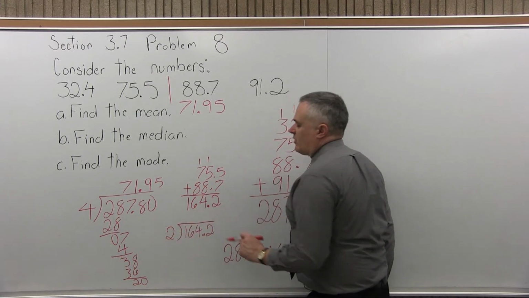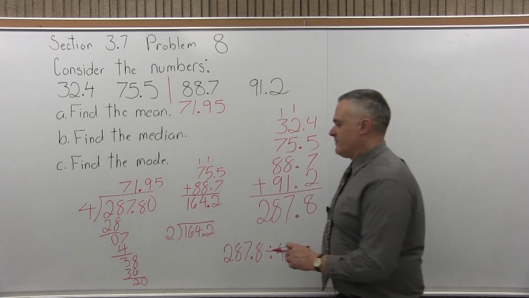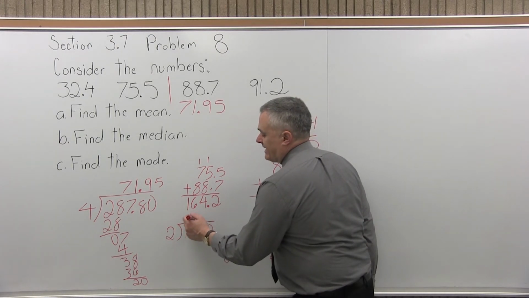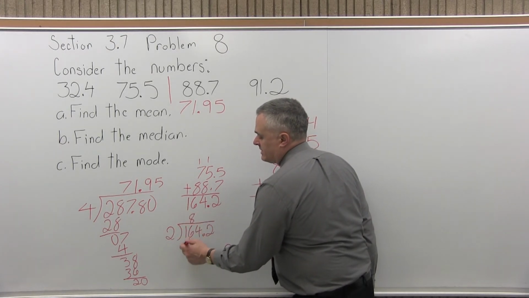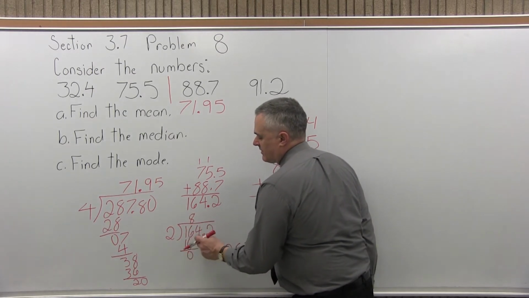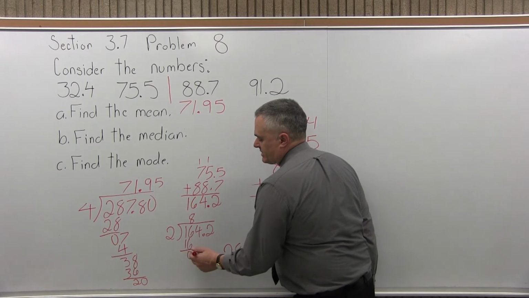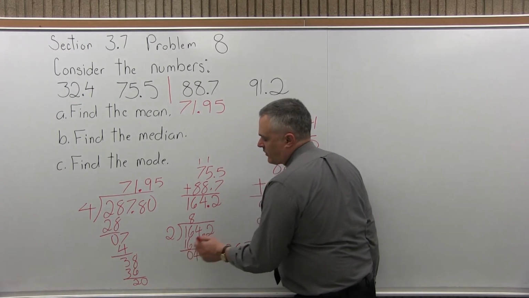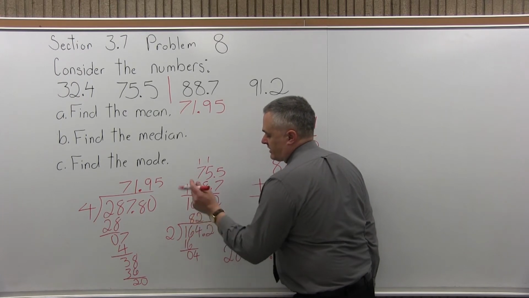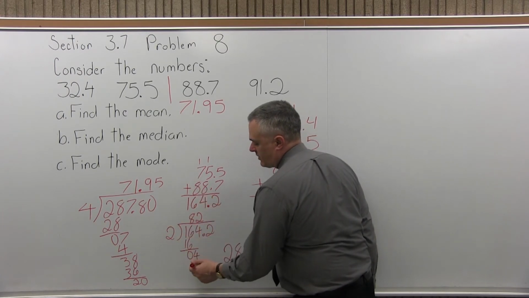So 2 divided into 1. 1's not big enough, the 2 won't fit. 2 divided into 16 will go in 8 times perfectly. 8 times 2 is 16. 16 minus 16 is 0. Bring down the next digit, 4. 2 divides into 4 twice. 2 times 2 is 4. 4 minus 4 is 0.